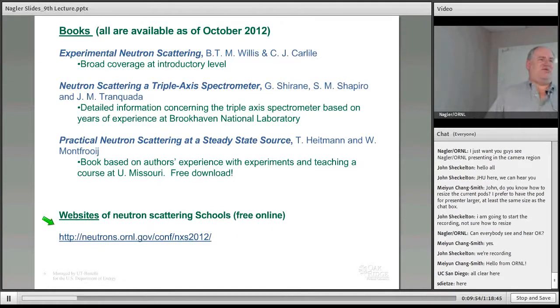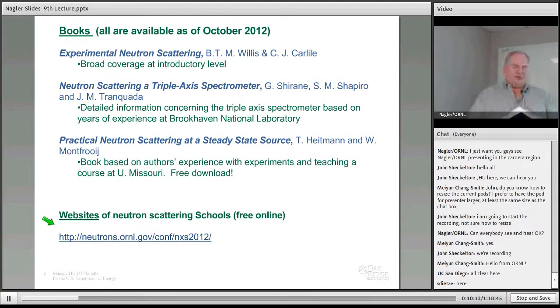It doesn't cover everything. It doesn't cover some of the newer innovations that have been made at ILL, but what's in here is accurate, good information, and it has a lot of things that, if you actually choose to use neutrons, are very helpful to know and not discussed in too many other places.